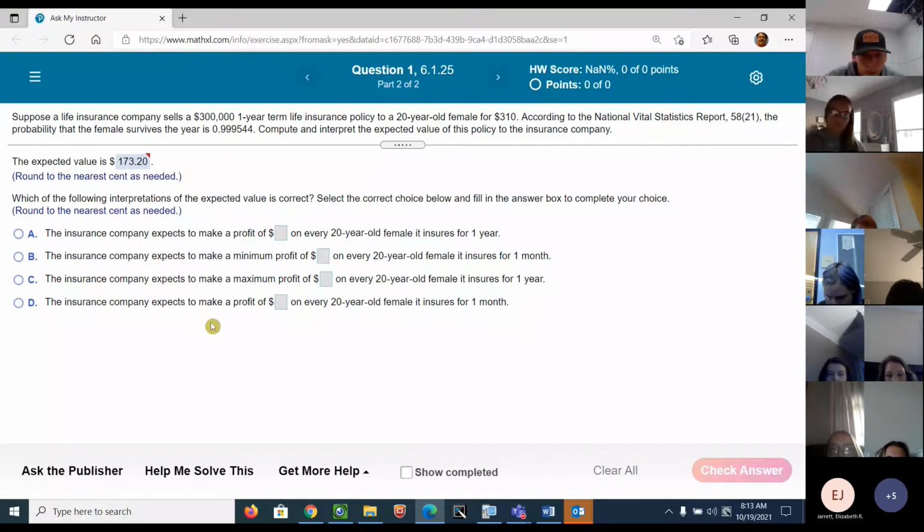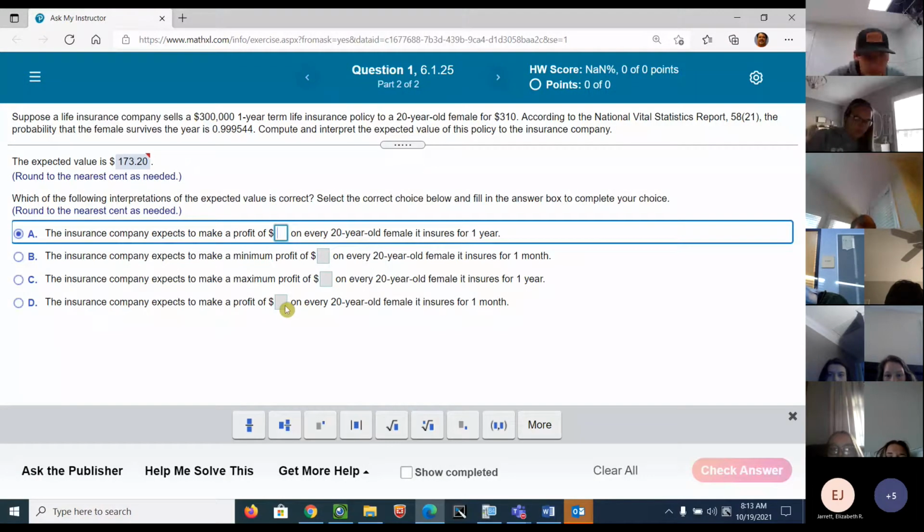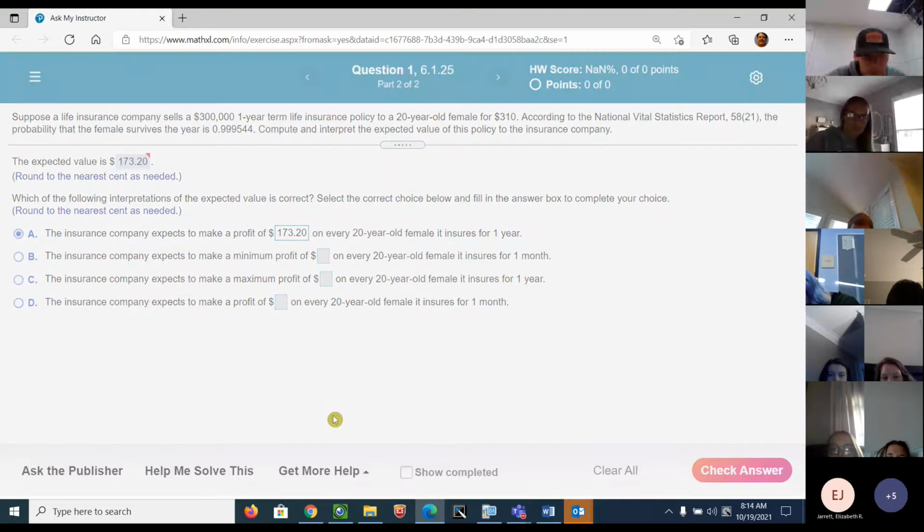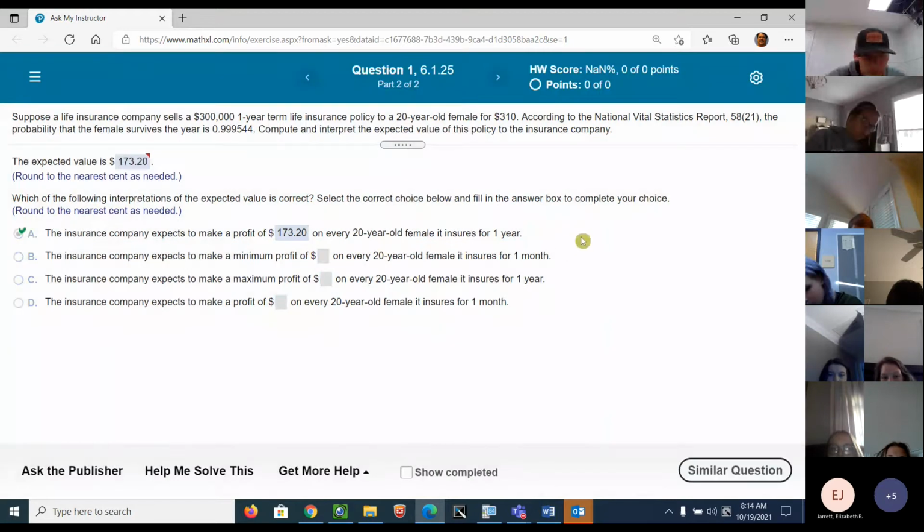It's making a profit. And it should be for 1 year, unless they count that as a profit each month. It could be either one. I'm going to go for the year, 173.20, because it is a yearly payment. If it was a monthly payment, then it would be for 1 month.